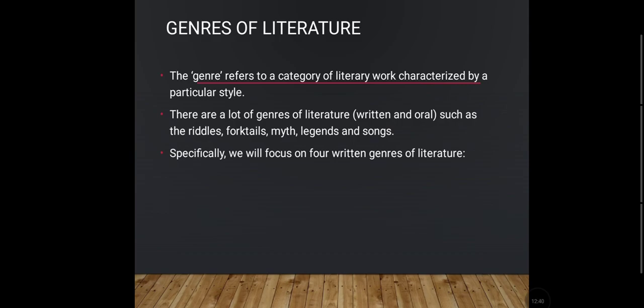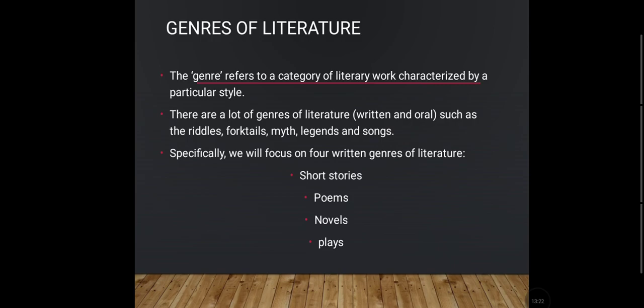So focus on four written genres of literature, which are the short stories, poems, novels, and plays. We start with one genre, and then we should finish all these genres.